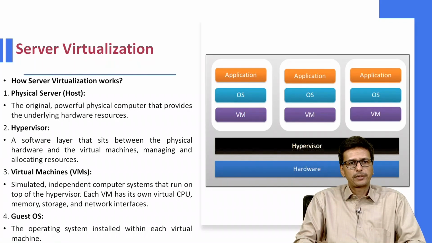These are the different components. The physical server is the host, the powerful physical computers that provide the underlying hardware resources. Obviously the hardware must be of high configuration. Then the hypervisor is the software that sits between the hardware and the virtual machine platform.